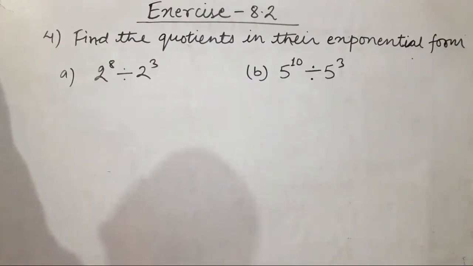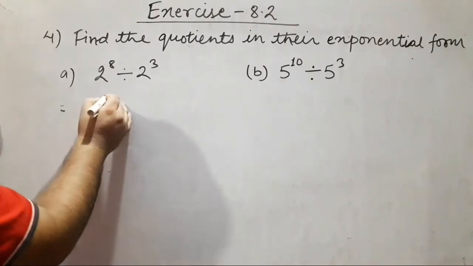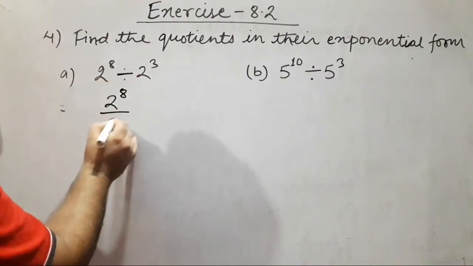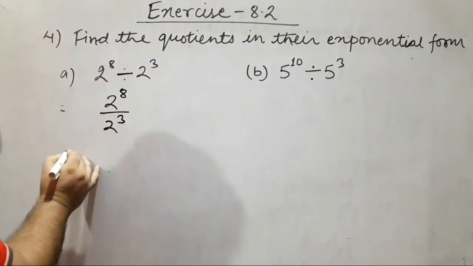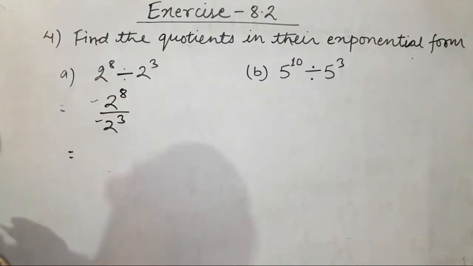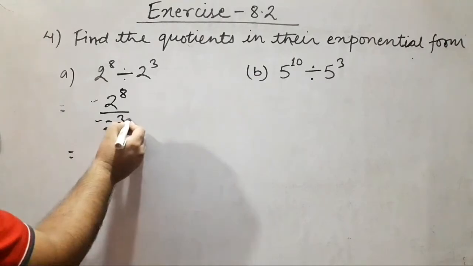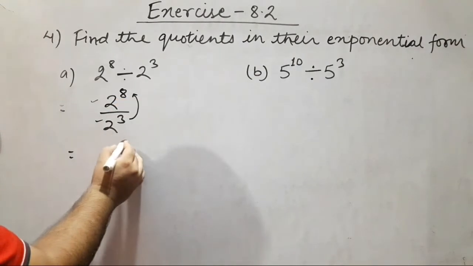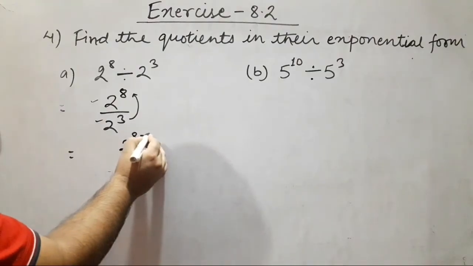Question number 4. Find the quotients in their exponential form. Let's say here, it can be written as 2 power 8 divided by 2 power 3. Same bases are here, so we can subtract the power. Now, power 3 shall be subtracted from power 8. So we can write it as 2 power 8 minus 3.